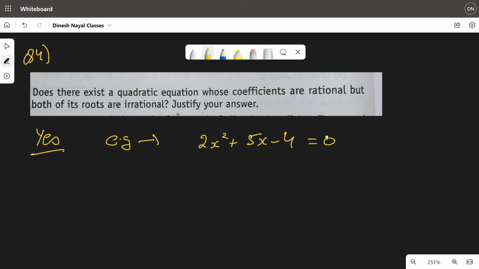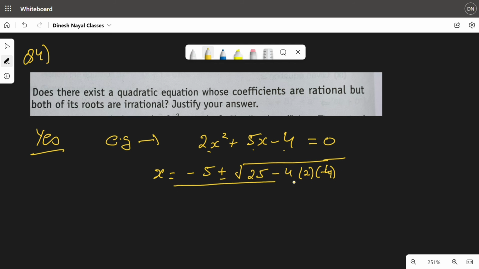Now let's solve it by the quadratic formula, where a is 2, b is 5, c is minus 4. So x will be minus 5 plus minus under root of 5 square, which is 25, minus 4 into 2 into minus 4, whole upon 2 into 2, that is 4.